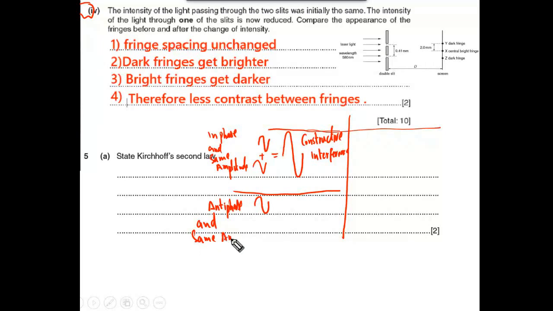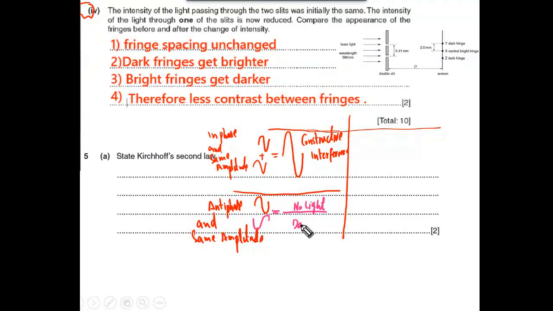Let's say we have another wave like this. They have the same amplitude but anti-phase. So we will get a line like this, meaning no light. So I will simply say we get no light.